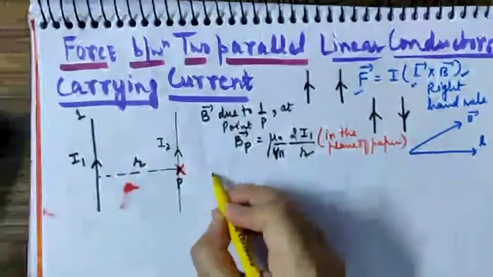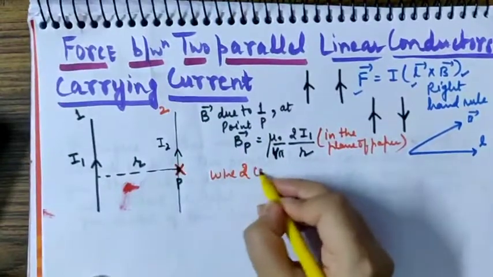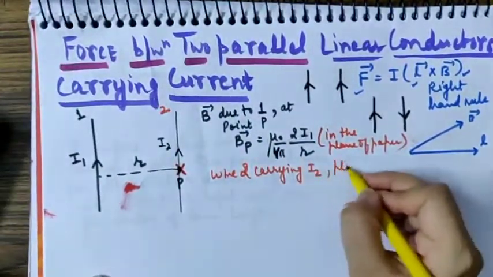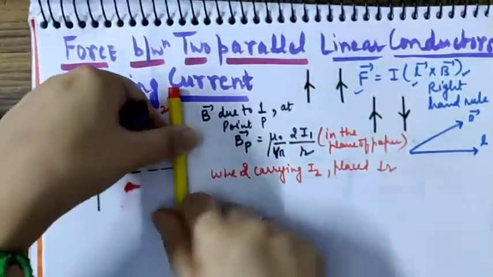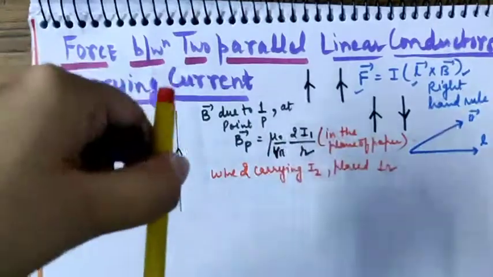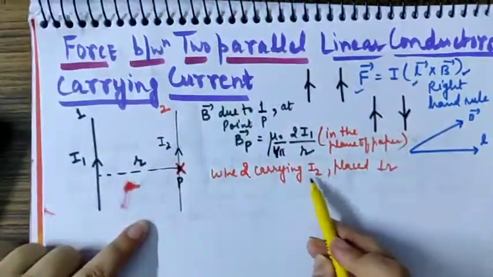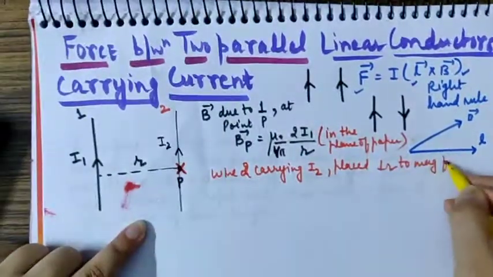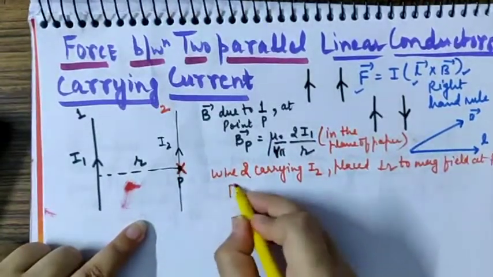Now, wire 2 carrying I2 is placed perpendicular, because current is here and the magnetic field is inwards. Both are perpendicular. Wire 2 carrying I2 is placed perpendicular to the magnetic field at P. What will be the force experienced by it?